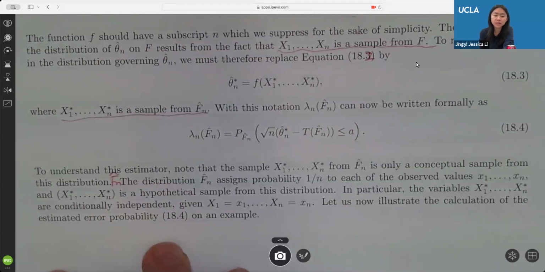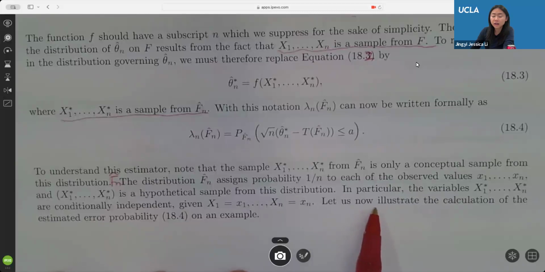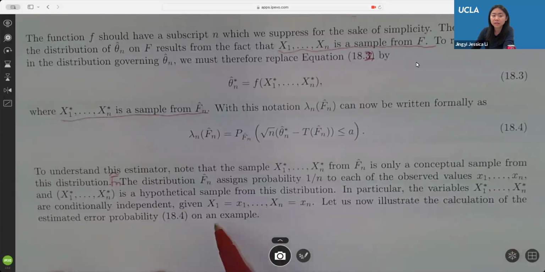And X1 star to Xn star is a hypothetical sample from this distribution. In particular, the variables X1 star to Xn star are conditionally independent. Conditional on what? On your actual sample, because you're treating these values as fixed. Let us now illustrate the calculation of the estimated error probability on one example.